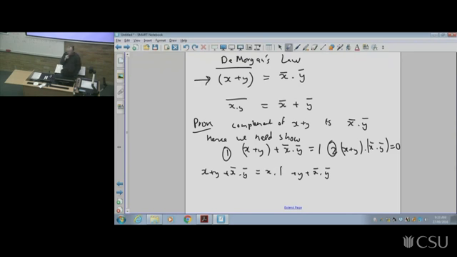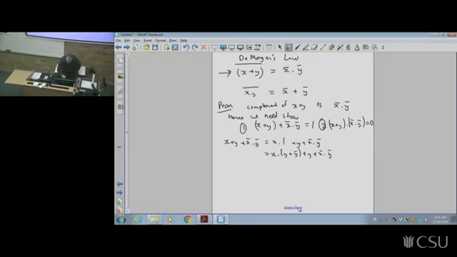Probably stuck a 1 in there. What I'm trying to do is absorb some of these terms together, effectively just to give me my 1. So the 1 can be written as y plus y bar, expanding it out.